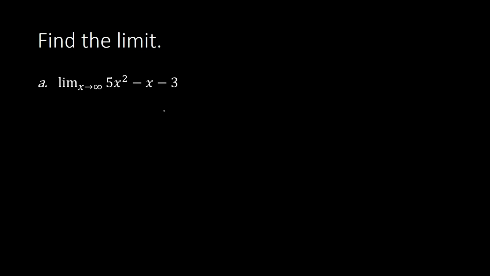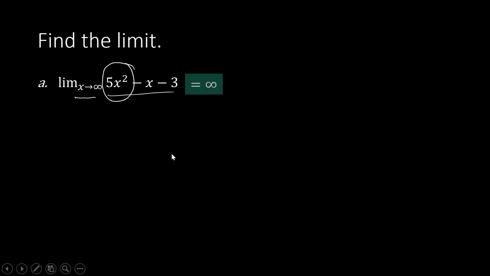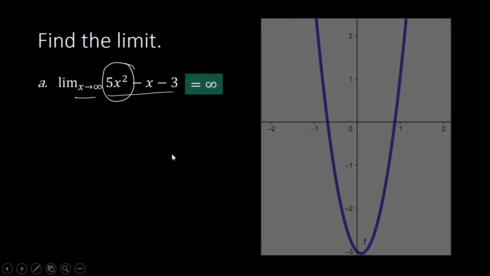So this is a polynomial function. We are evaluating the limit as x approaches infinity, we will pay attention only to this term. And 5x squared as x approaches infinity approaches infinity. Let us verify that from the graph.